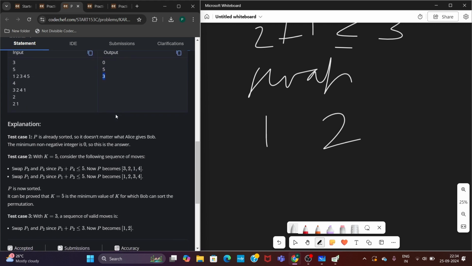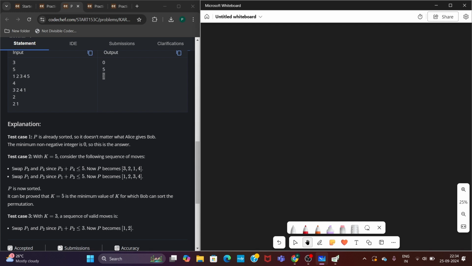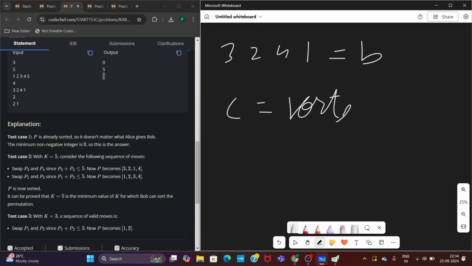So how can you solve the problem statement over here? Let's take this number, 3241, and suppose this is our B. We'll perform some operation over here. Let C be the sorted version of B, so our C will be 1 2 3 4.